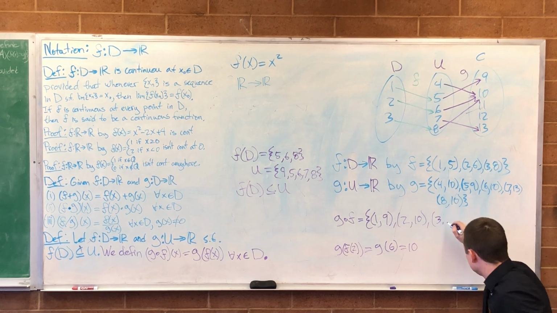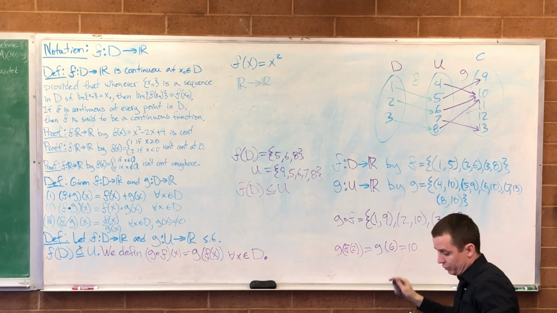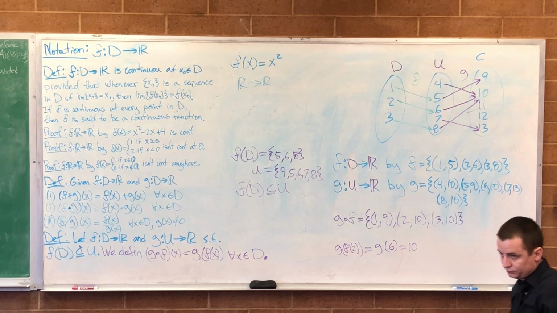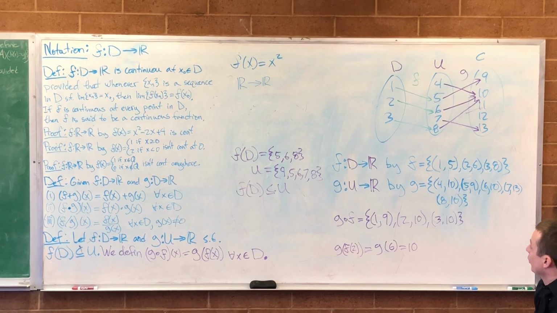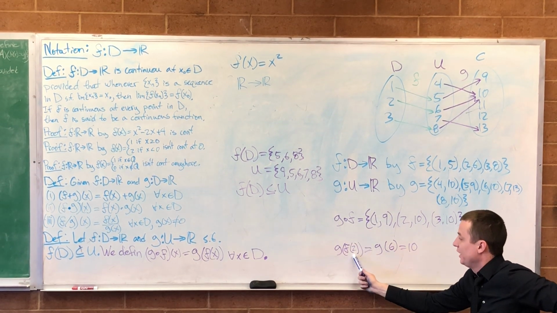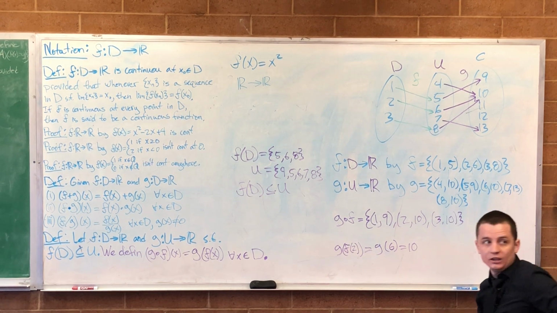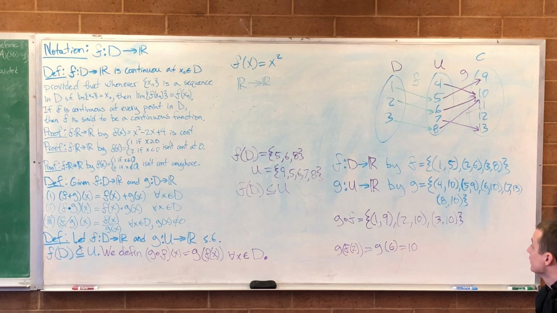It also goes to 10. Perfect. There we go. So that's G composed with F. A typical way that we read this is G after F. You apply F to the number first, then you apply G. So that is function composition.